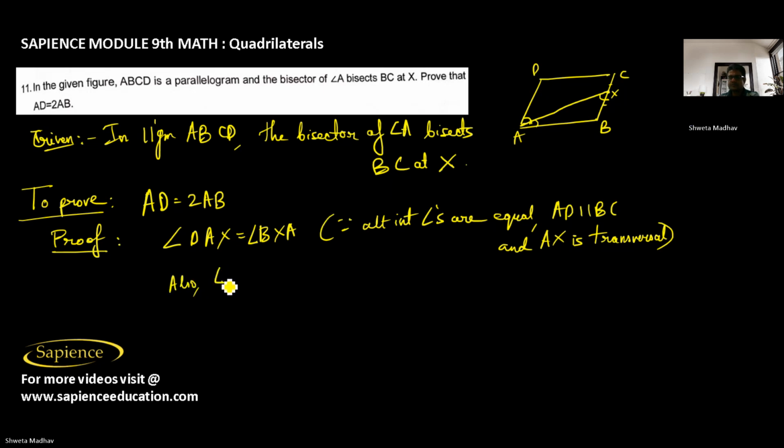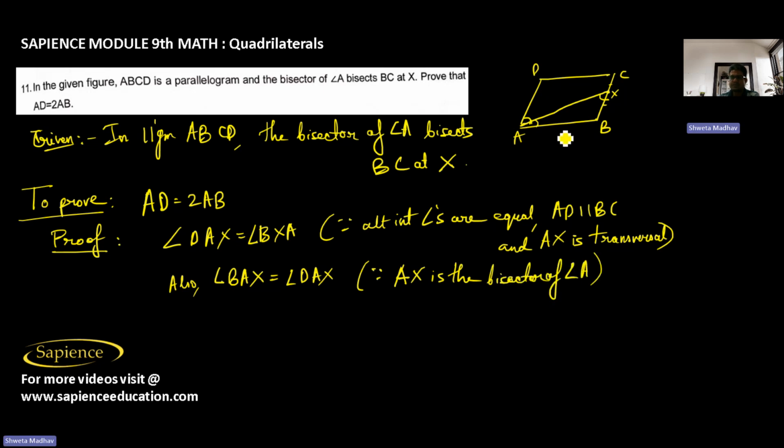Also, angle BAX equals angle DAX, since it is given that AX is the bisector of angle A. So therefore, we can see that angle BXA is equal to angle BAX, since both are equal to DAX in triangle ABX.